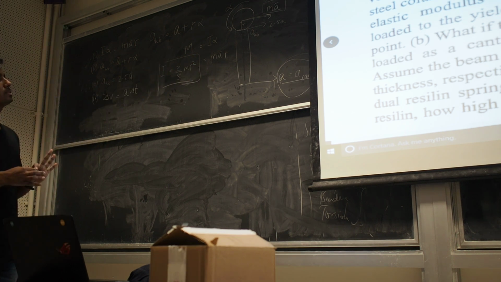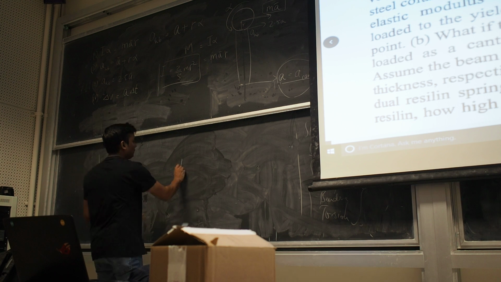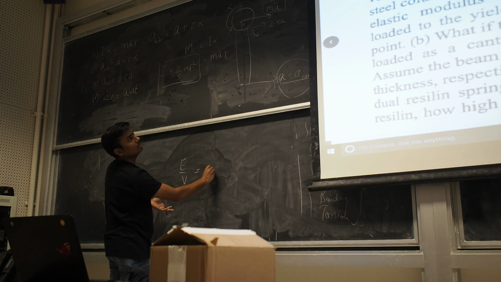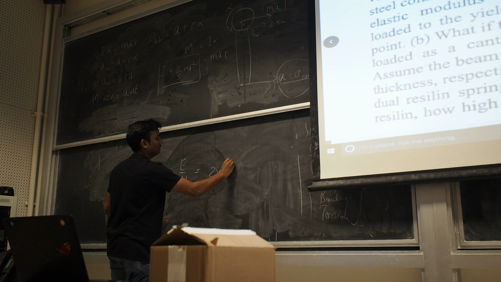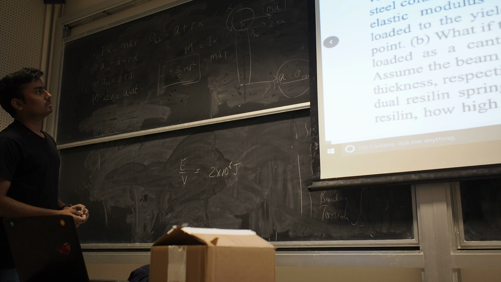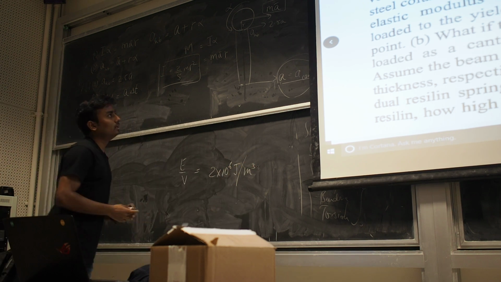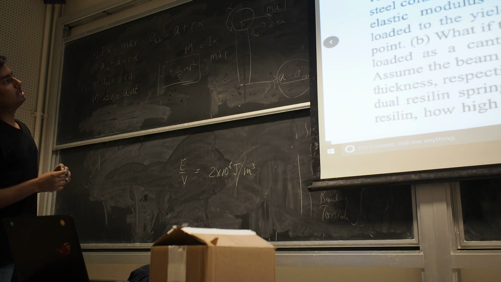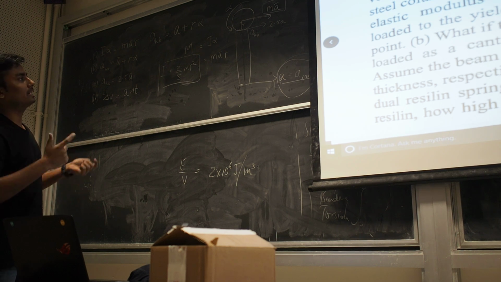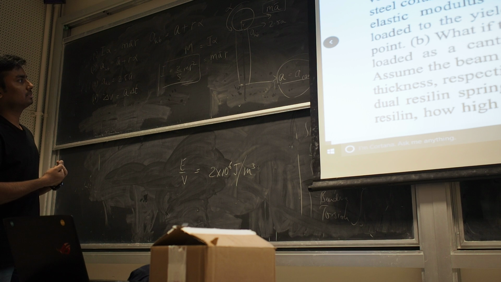See, resilient is able to store this much energy per cubic meter. So basically, what you have is energy per unit volume. Energy per unit volume is given to you as 2 times 10 to the power 6 joules. So this is much more than the energy per unit volume that can be stored by compressing or stretching a steel column having yield stress and elastic modulus.